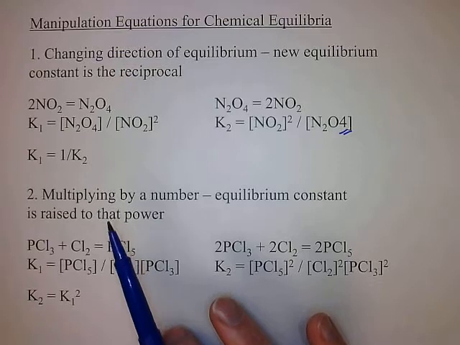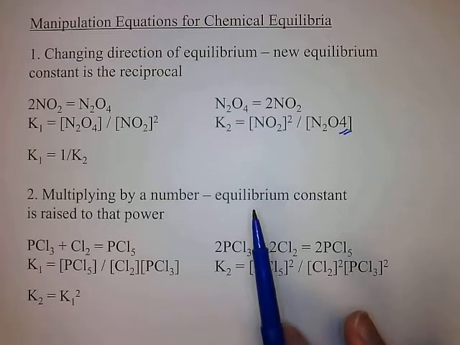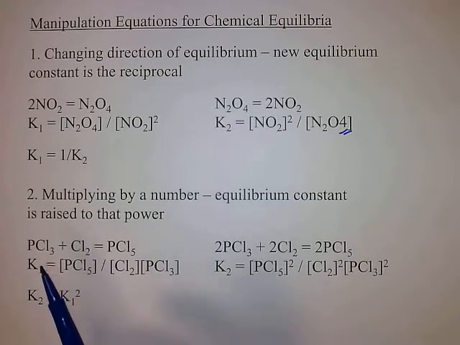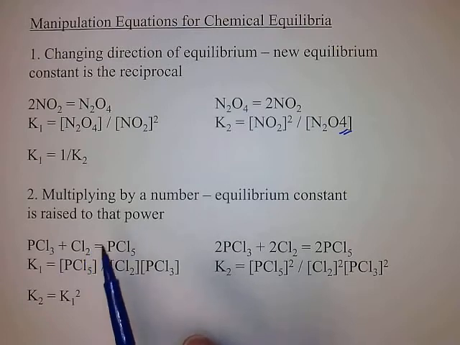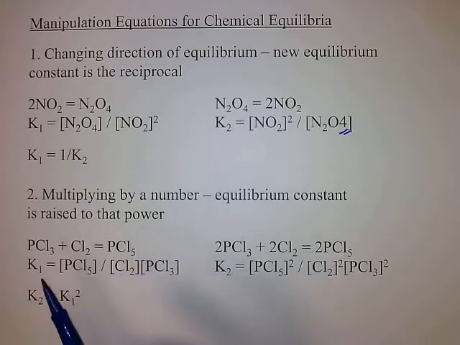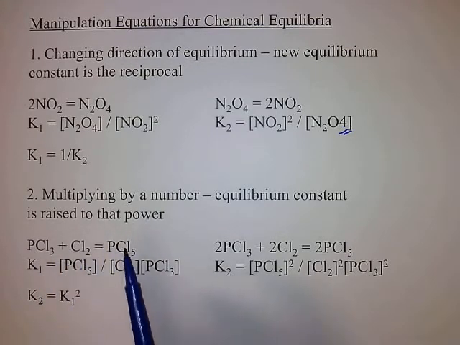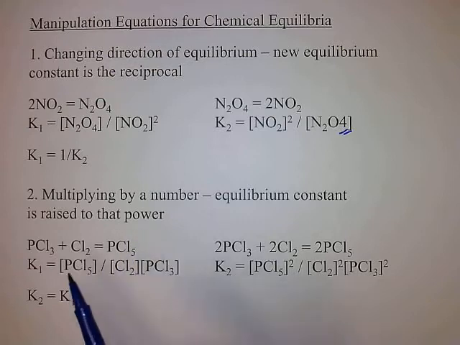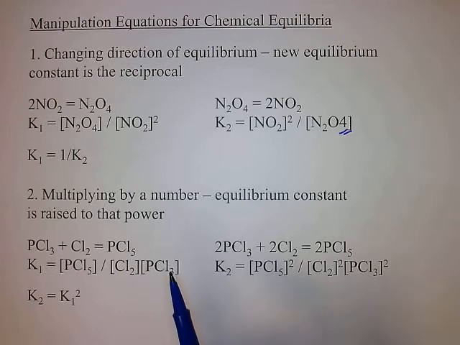A second thing is, if you multiply the reaction by a number, the equilibrium constant is raised to that power. For example, look at the reaction of phosphorus trichloride plus chlorine gas making phosphorus pentachloride. The equilibrium constant for this reaction is products over reactants, so the concentration of PCl5 divided by the concentration of Cl2 times the concentration of PCl3.